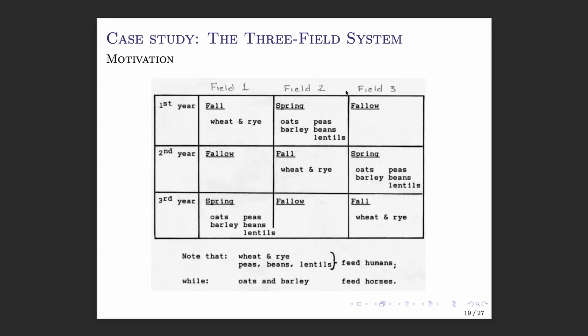The innovation of the three-field system was, in effect, to move to three fields, which means a substantial reduction in the time that land is in fallow, not being productive for agriculture. You can see more on this here. I won't dwell on it, but this is an old depiction of what the three-field system looks like in a time and space grid. There's lots more to be said about this, but I'll leave it at this for now.